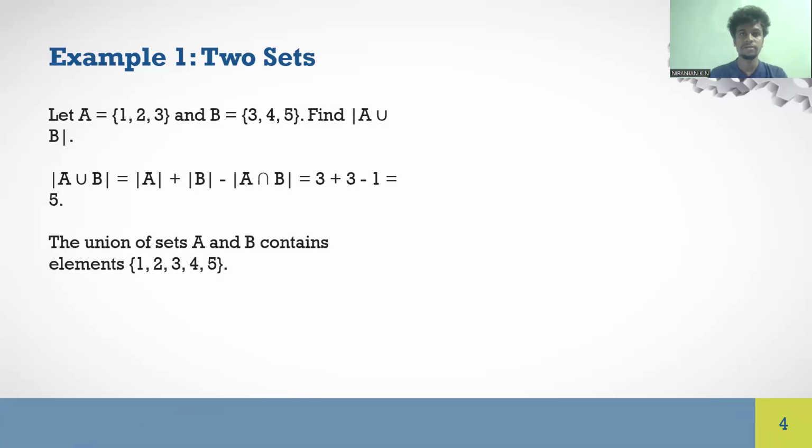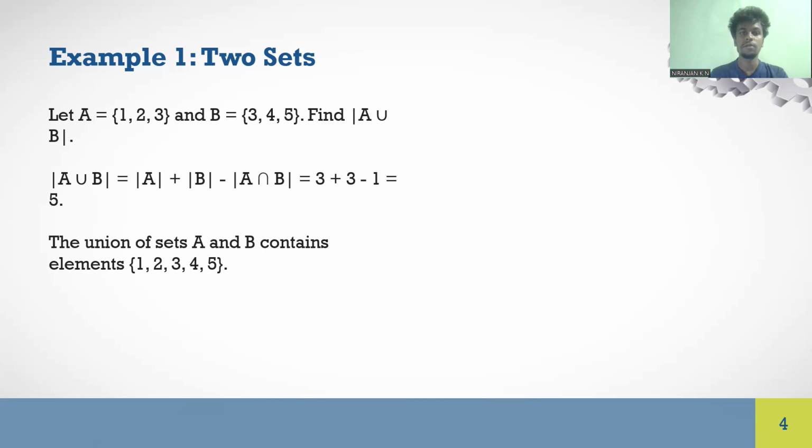So we see an example of two sets. Let A be the set {1, 2, 3} and B be the set {3, 4, 5}. We have to find A union B. So the formula goes like this.